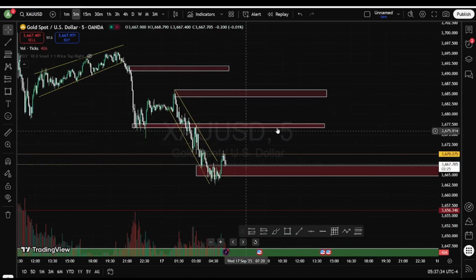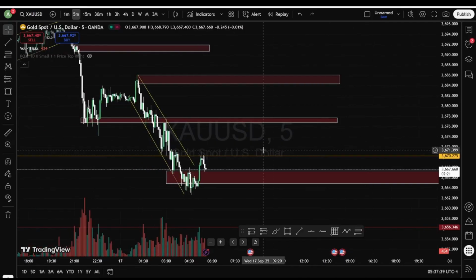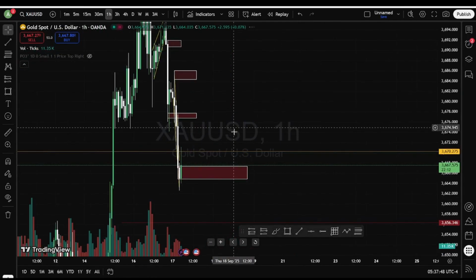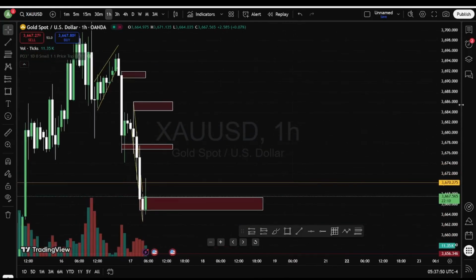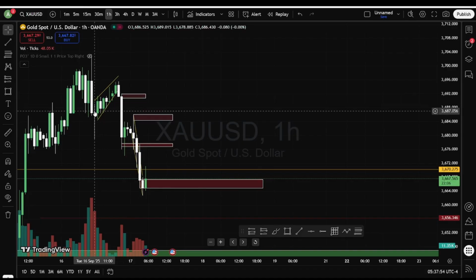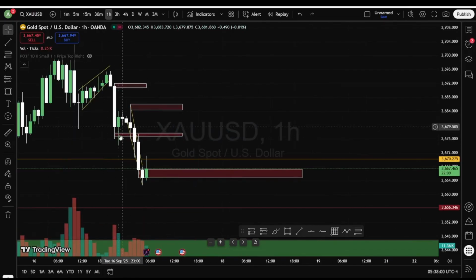Okay, for intraday scalping, we open a sell trade here, guys. Why? Because you can see in 1 hour we have this bearish engulfing candle. It takes all the liquidity, guys, and we found some buy traps here.